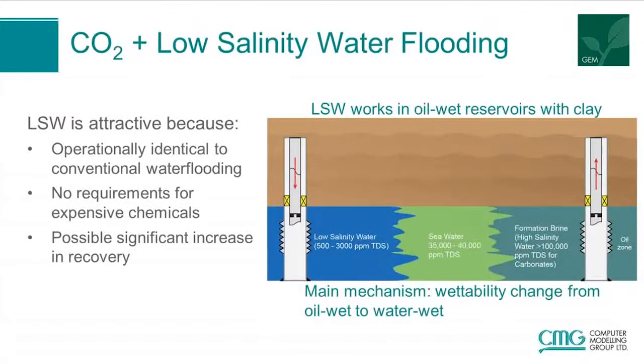Low salinity water injection works well in oil wet reservoirs with clays. Due to ion exchange and chemical reactions in the aqueous phase, the wettability in these reservoirs can change from oil wet to water wet. Therefore, the main mechanism for low salinity water injection is wettability alteration.